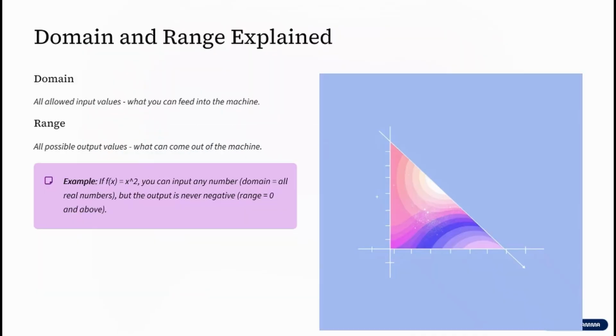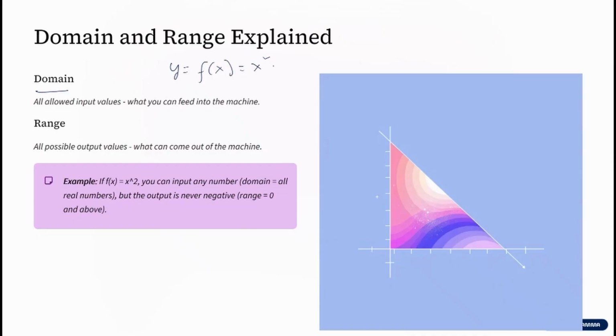Next concept, which is a very important concept we need to understand, is the domain. So what is domain? In the previous example that we considered, we have written y is equal to f(x) is equal to x squared.